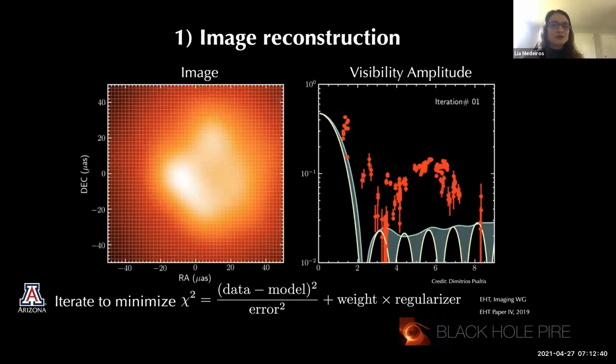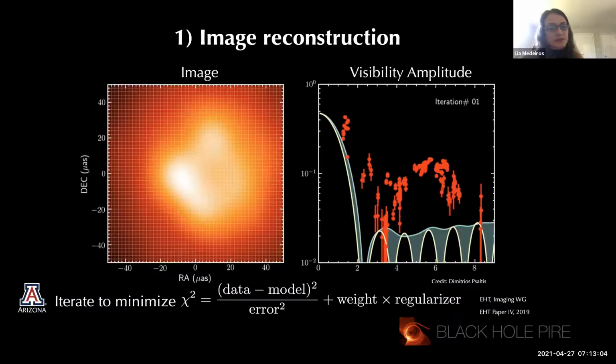And so we need to choose which of these infinite images we think is most likely, right? And so this is what these algorithms are trying to do with these different regularizers. The other part of this is that because you have so many pixels, you have a lot of free parameters. And so you also need to use these regularizers to try to handle this large number of parameters as well.